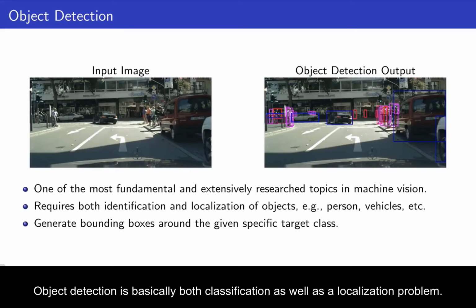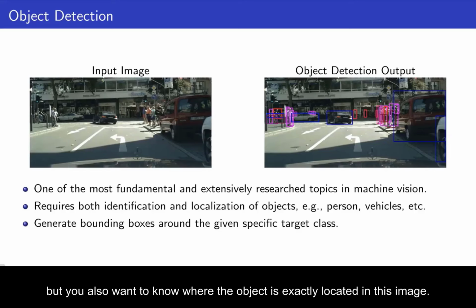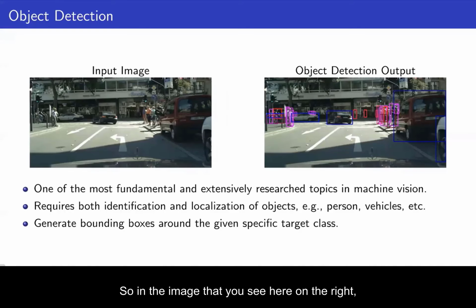Object detection is basically both a classification as well as a localization problem. Here you not only want to classify objects in the image, but you also want to know where the object is exactly located in the image. And we denote that using bounding boxes around these objects.